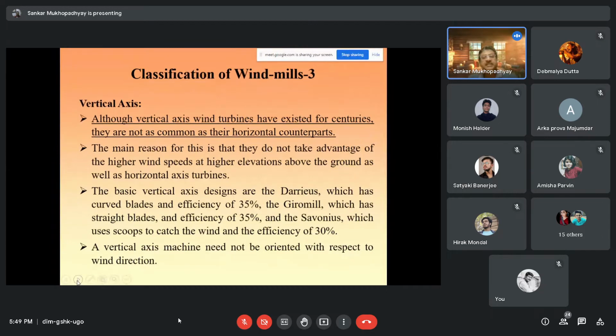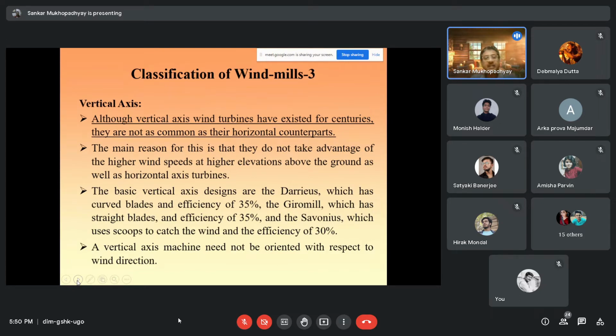Classification of windmills: three, vertical axis. Although vertical axis wind turbines have existed for centuries, they are not as common as their horizontal counterparts. The main reason is that they do not take advantage of the higher wind speeds at higher elevation above the ground as well as horizontal axis turbines.